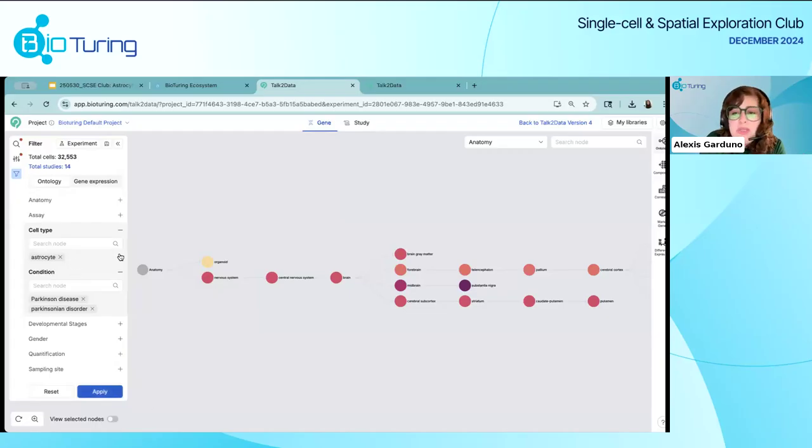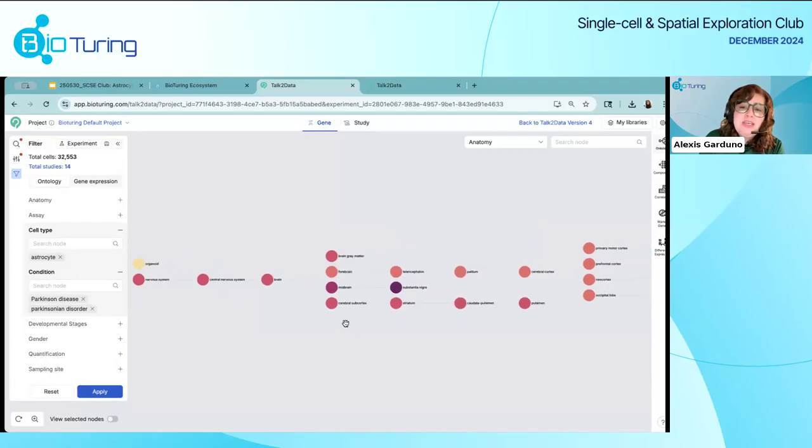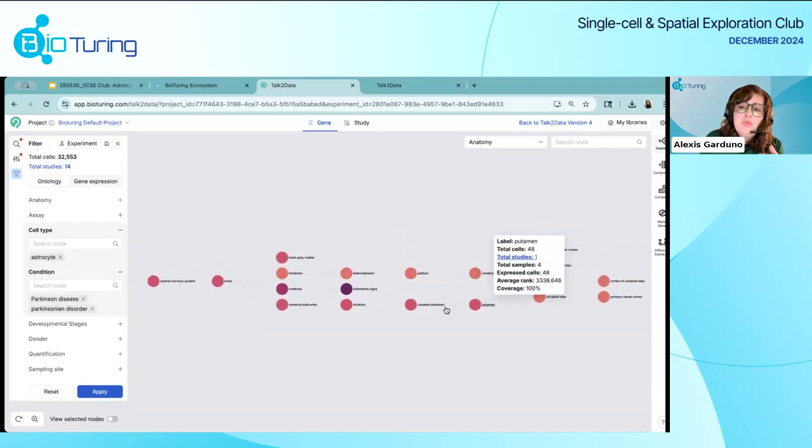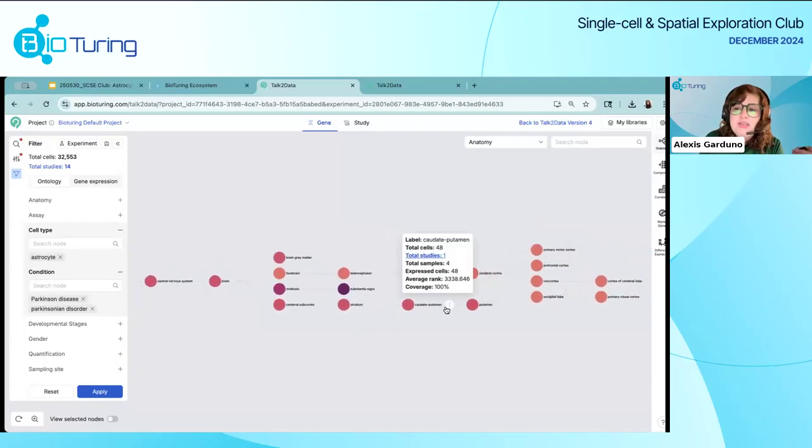So just by filtering, we can see that if we're only focusing on the role of this particular gene within astrocytes within these samples, we can see very clear differences. So we see an enrichment within the midbrain region, particularly the substantia nigra region, as opposed to what we see in the forebrain or what we would call the cerebral cortex regions.